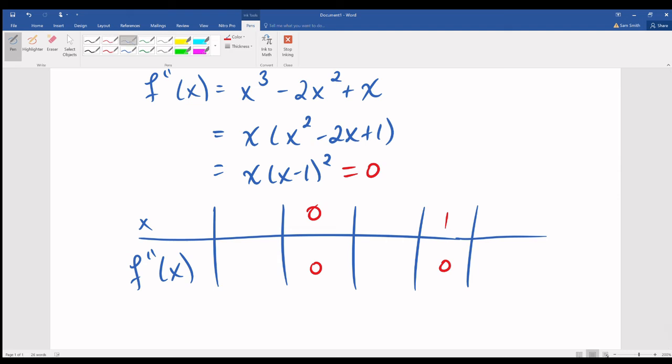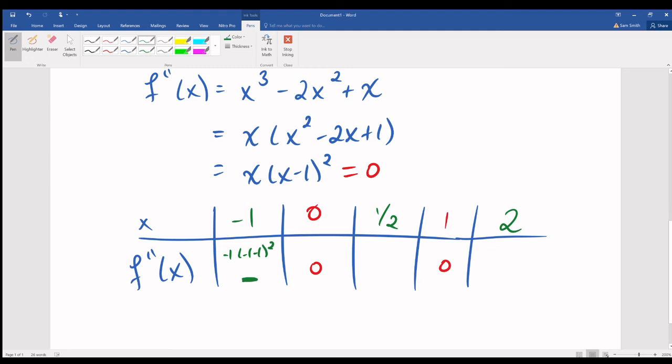So what I recommend is to go in and do the same sort of sign chart process that you did when you were using the first derivative test. Choose some potential test values of x in between these values, which made the second derivative 0. Plug them into the second derivative and check and see what will be happening to the sign of the second derivative. So if I plug in -1, for example, to the second derivative, the result of this will be a negative number.